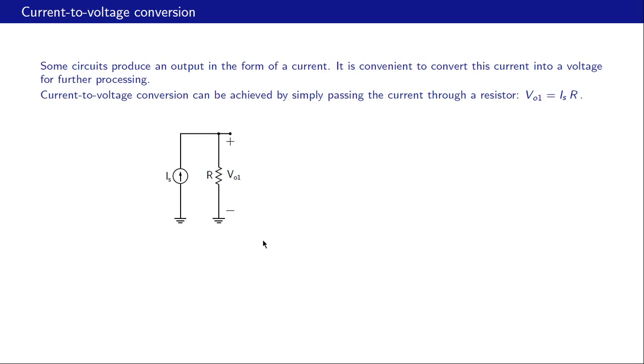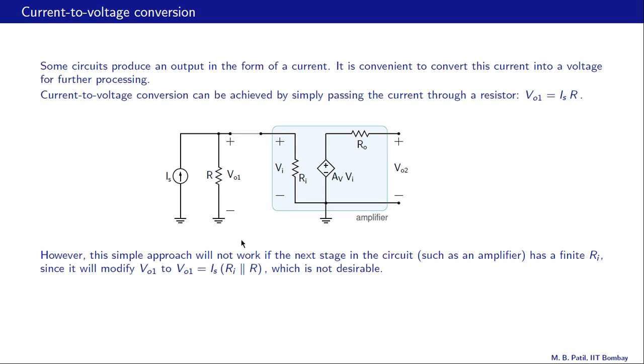Fair enough, but there is a problem with that approach. Let us say we want to now amplify or measure this VO1 by connecting an amplifier between this node and ground, like that. This is our amplifier with a voltage gain of AV.